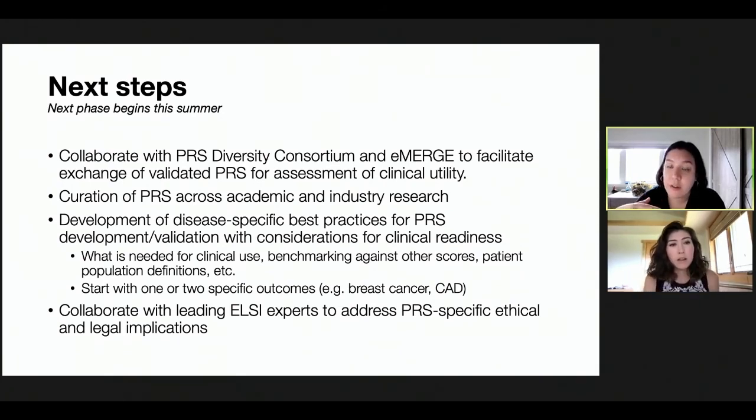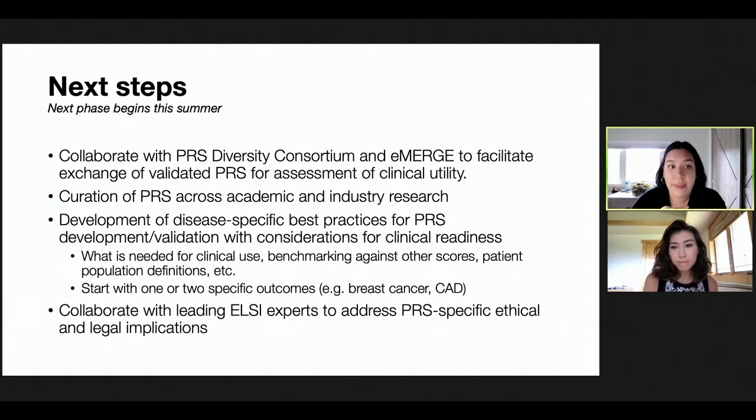Because the standards of actionability, and we're working with the actionability working group, are different. And so, I think also something that's definitely changed in the last few years from when this group was started was that PRS are now actually available through industry venues.